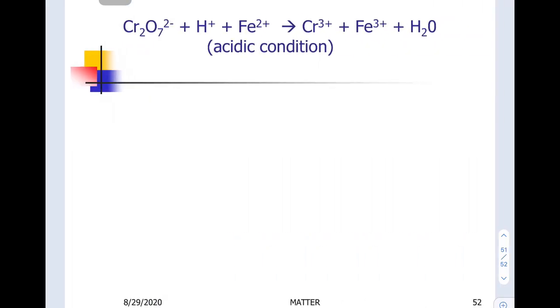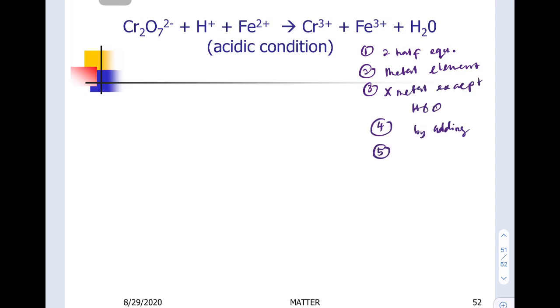When we want to balance a redox reaction, the first step is to separate the equation into two half equations, which are oxidation and reduction. The second step is to balance the metal element, and the third step is to balance non-metal except H and O. The fourth step is to balance the oxygen by adding H2O.